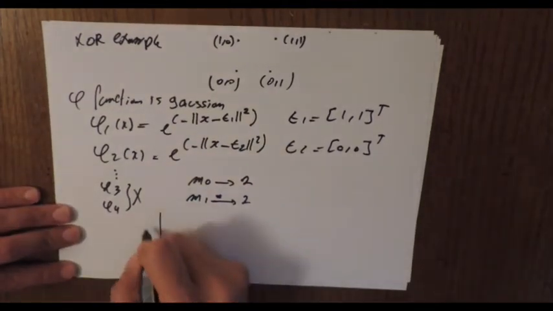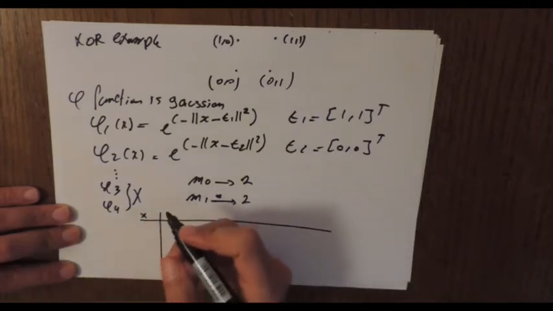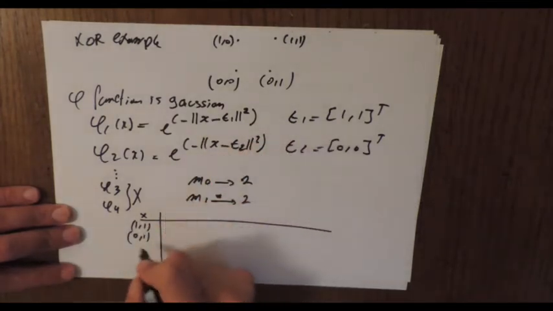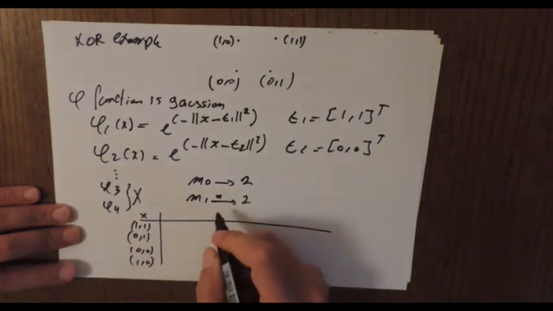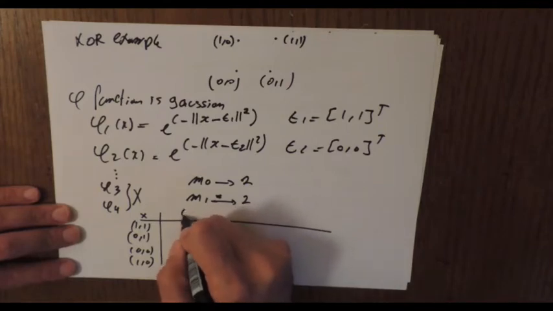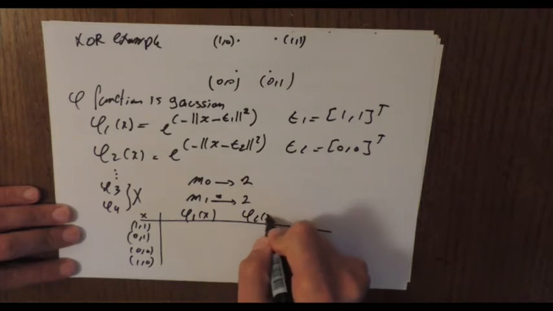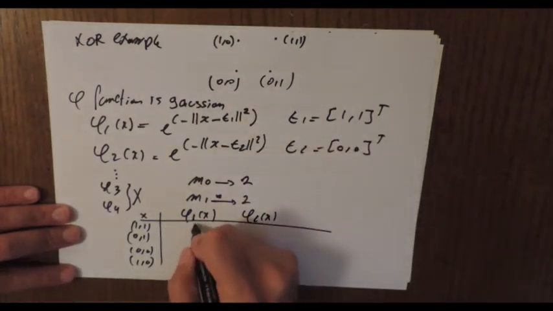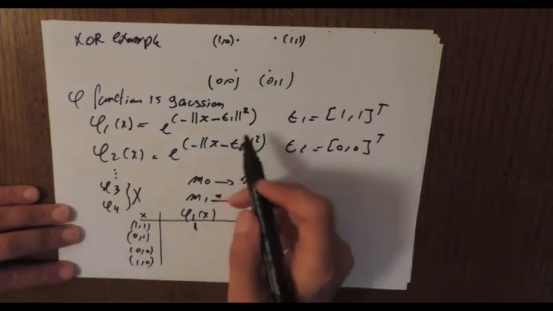Let's put a table. Of course we have x, the input pattern. The patterns will be 1, 1, then 0, 1, then 0, 0, and 1, 0. And these are the hidden functions, phi 1 of x and phi 2 of x, with t1 and t2. Here we have 1 and the y1 because t1 equals 1, 1.